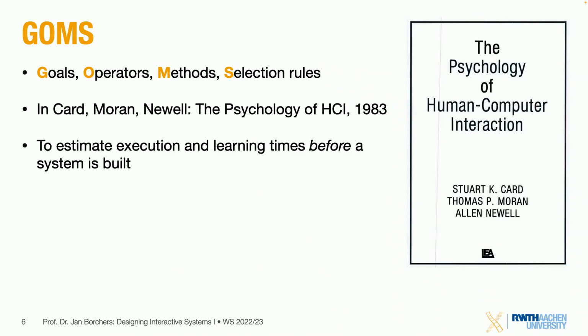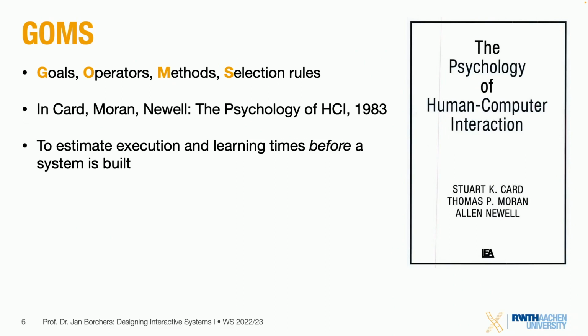All right, and the GOMS model is there to estimate execution and learning times of a system. And there's one thing that is really weird about the GOMS model, but that is also super important because it makes it extremely valuable. And that's the little word before a system is built.